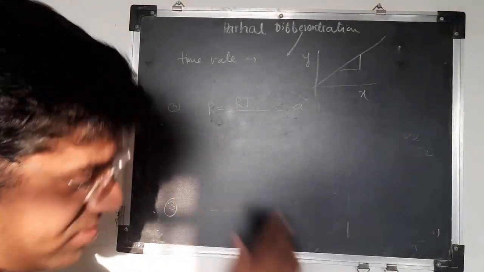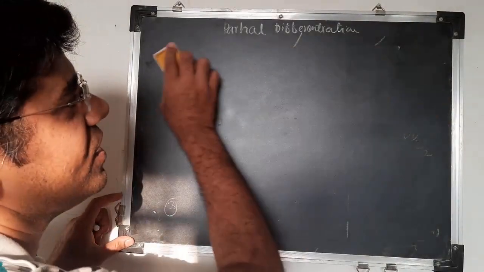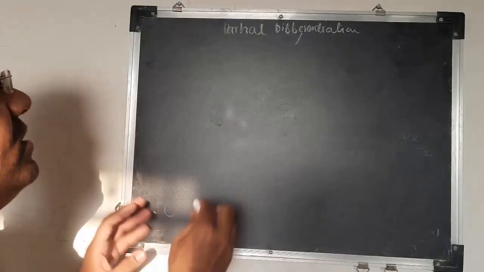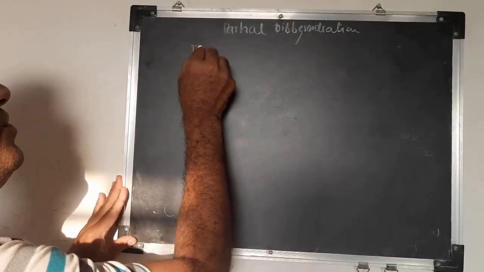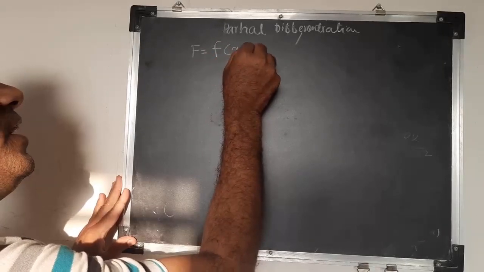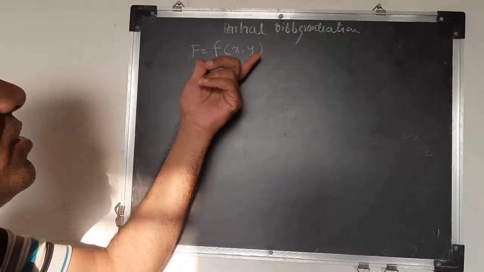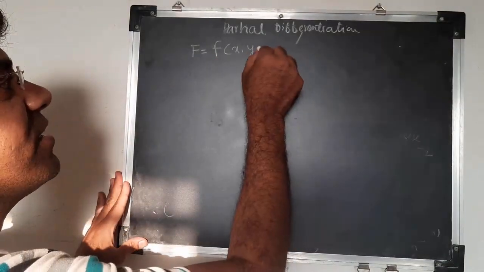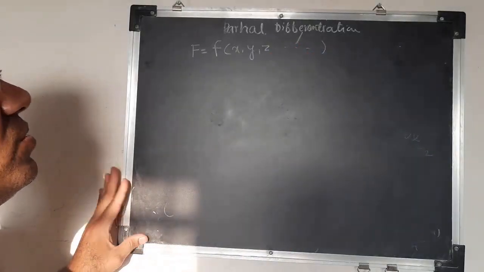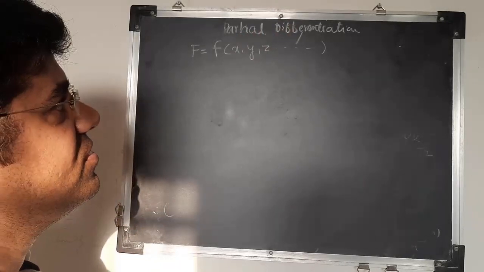Partial differentiation means what? If your function depends on two or more than two variables, meaning f is a function of something x, y, okay, so f is a function of x, y, or you can take two or more than two, so z, so in that case we have to do partial differentiation.